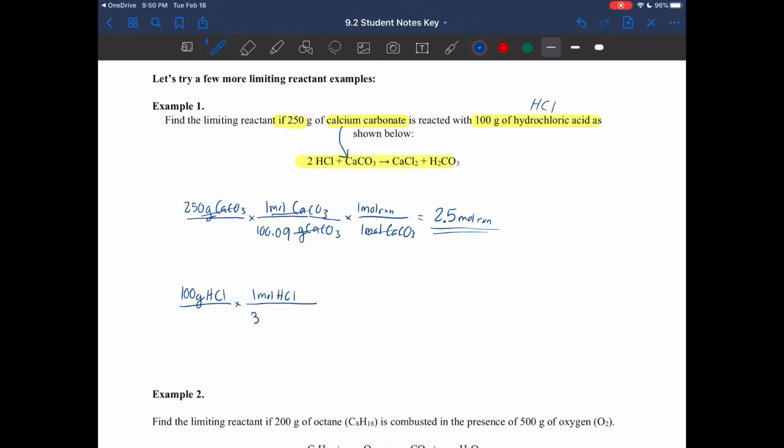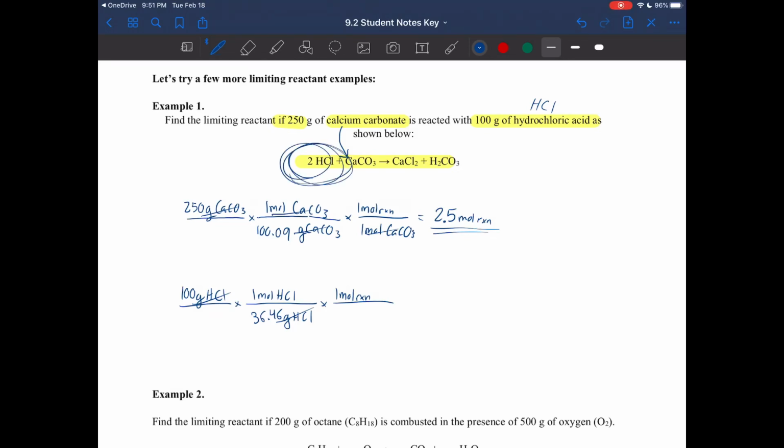And we should have a molar mass of about 36.46 grams of HCl in each mole of HCl. So grams of HCl cancels. And now we're trying to get from moles of HCl to the amount of reactions that happen here.